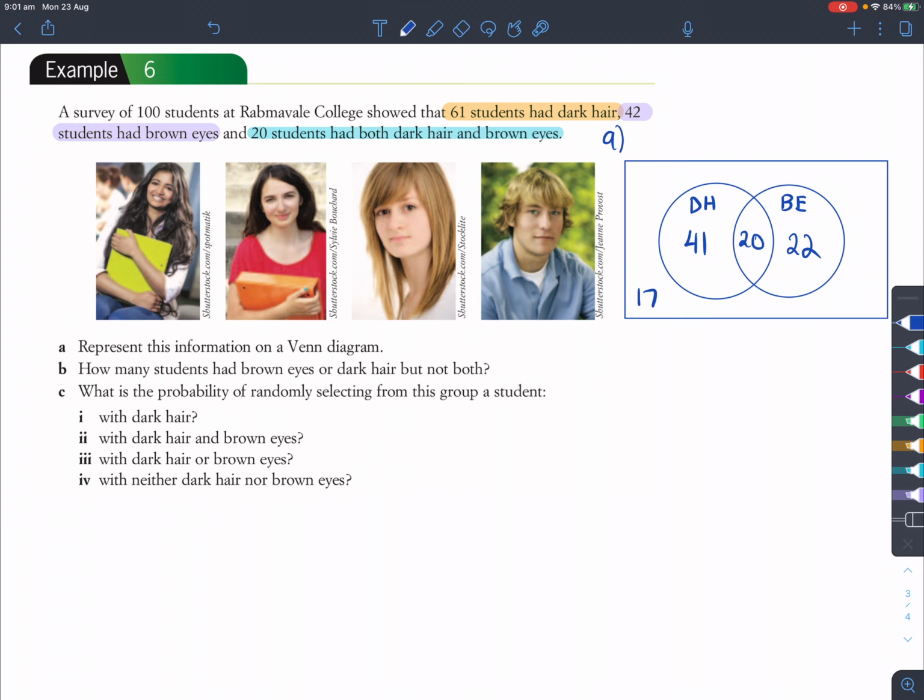All right, let's have a look at B. How many students have brown eyes or dark hair, but not both? So this means we're looking at people with brown eyes or dark hair.